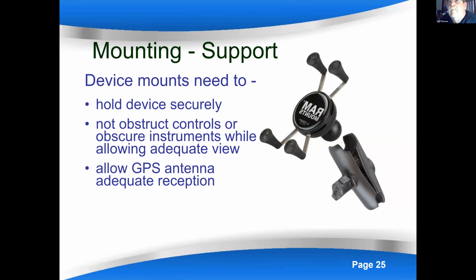It has to be mountable so you're not obstructing the controls, you're not obstructing the necessary instruments, and not obstructing the view out of the aircraft. And at the same time, it has to mount the device where its GPS antenna has view of the sky.